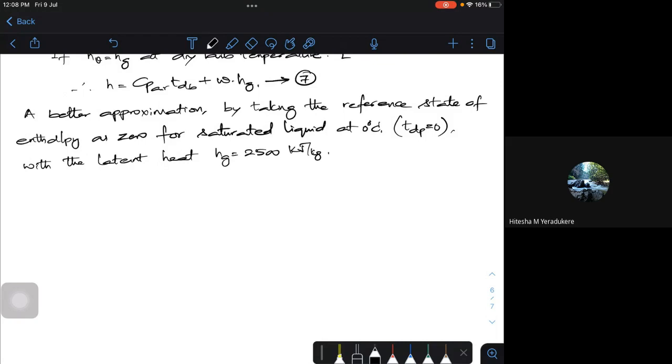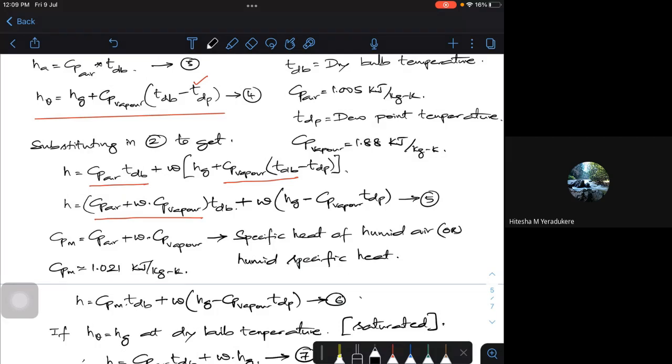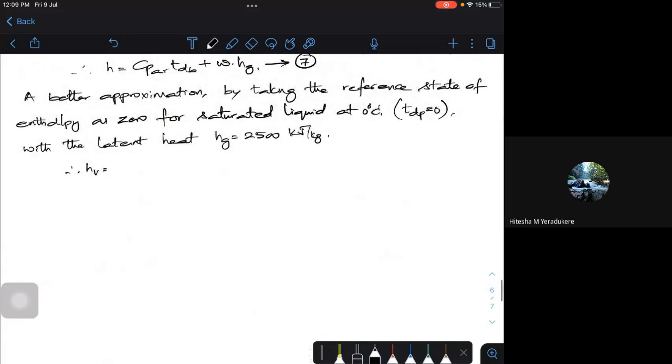So if you go back and see here, HV I can write as 2500 plus Cp value of vapor, 1.88, into your dry bulb temperature. Let me call this equation number 8.